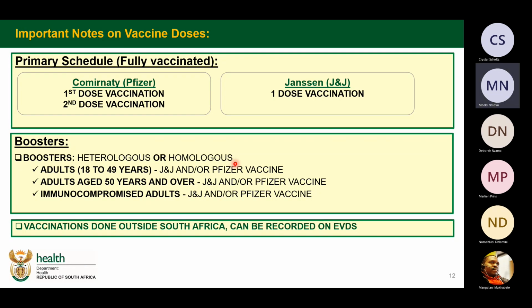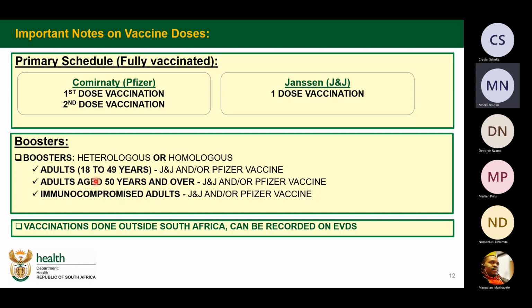If you started with J&J, even for the boosters, you continue with J&J for all the boosters that you'll be taking. However, if you decide to change and take a different vaccine from what you started with, it's called heterologous boosting. It's something that is permissible, and it started last year in March.